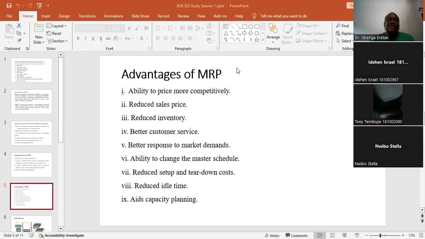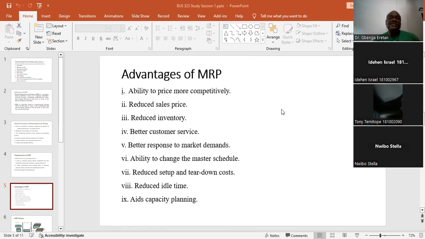So you'll be able to satisfy your customer. Anything that your customer wants, you'll be able to get it for them, because you are being guided by the computer that helps to monitor the availability of goods in the store or in the warehouse.